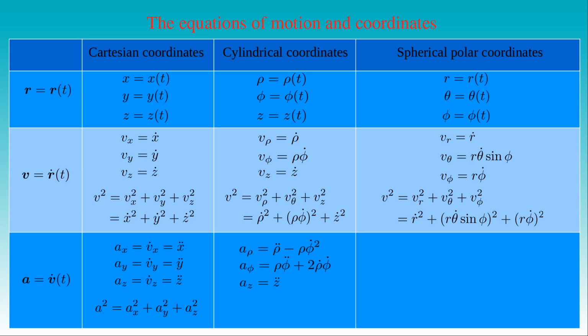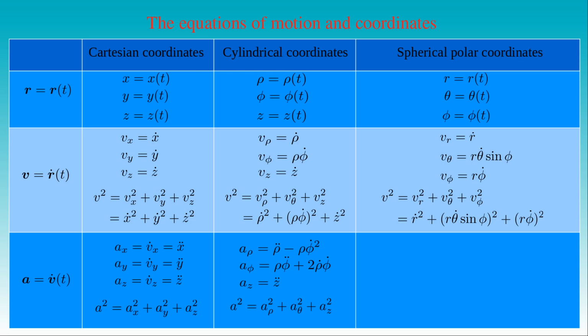Its ρ component is the second-order derivative of ρ, minus ρ times the square of the derivative of the azimuthal angle phi. The phi component of the acceleration is equal to ρ times the second-order derivative of phi, plus 2 times the derivative of ρ times the derivative of phi. And its z component is just the second-order derivative of the coordinate z. As in the cases of the previous coordinates, the square of the length of the acceleration is the sum of the square of these components.